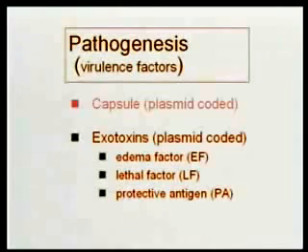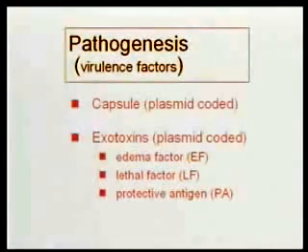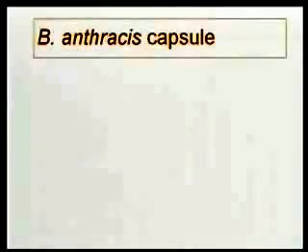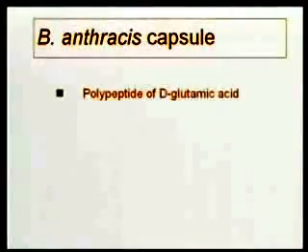Why they call it protective antigen will be clear in a minute. Well, might as well mention now, because that's the protein that is being used, or tried, as a vaccine. I'll come to that in a minute.